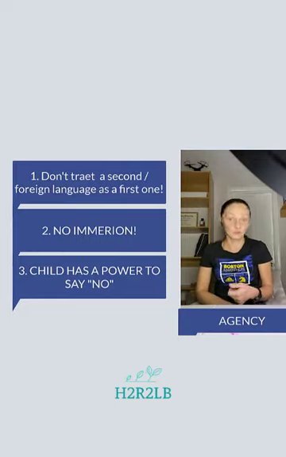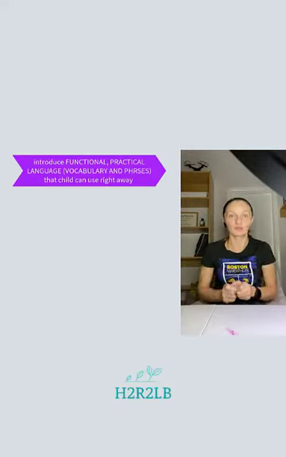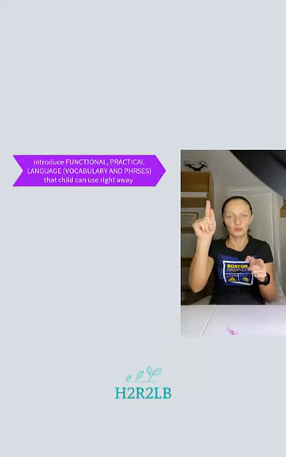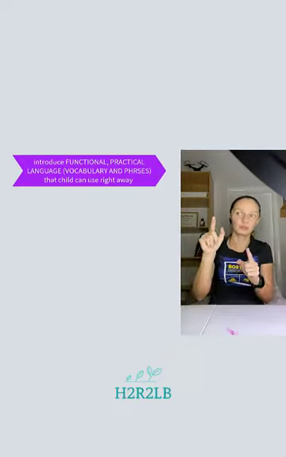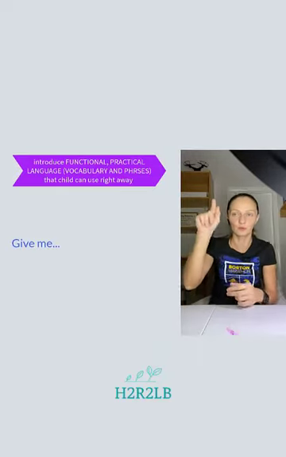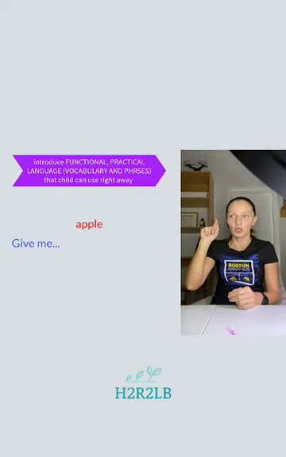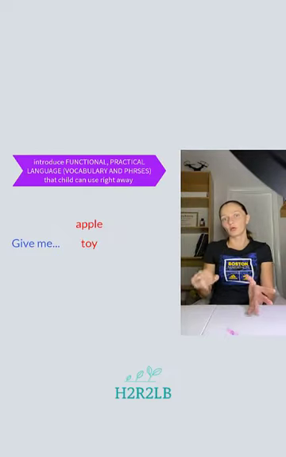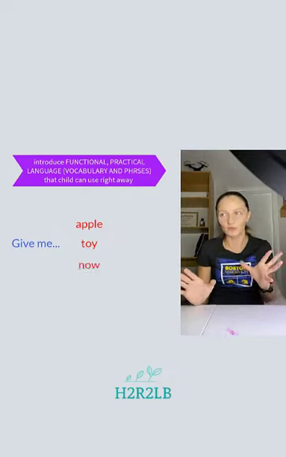First, we can pick functional, useful phrases, like bundles of phrases. I'm going to explain. For instance, the phrase "give me", then you give three nouns, three different objects of what to give. First is apple, give me apple, toy, and so on, then adjective, no adverb.